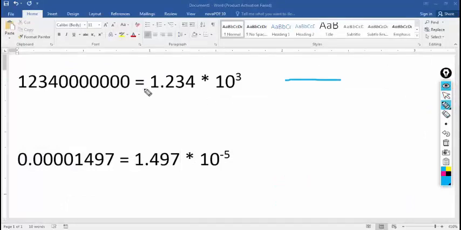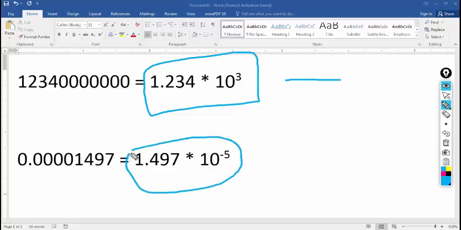So the number which you can see here, this is known as the scientific notation. This number here, so both these examples are in the form of scientific notation. So this part here is known as the mantissa, and this part here is known as the exponent.